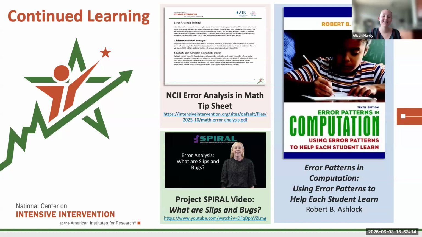We also have this NCII error analysis and math tip sheet, which we may touch on a little bit later. And then in the chat, I know there were a lot of questions about how to move forward with schemas. Where can I get a video of those word problem gestures? And here we have a Project Spiral video on slips and bugs.